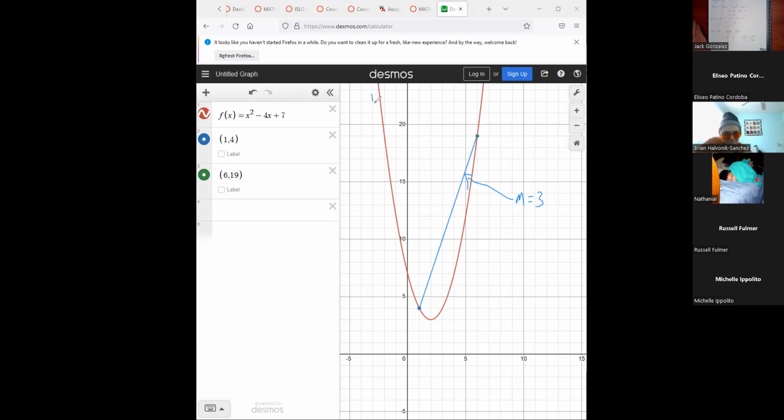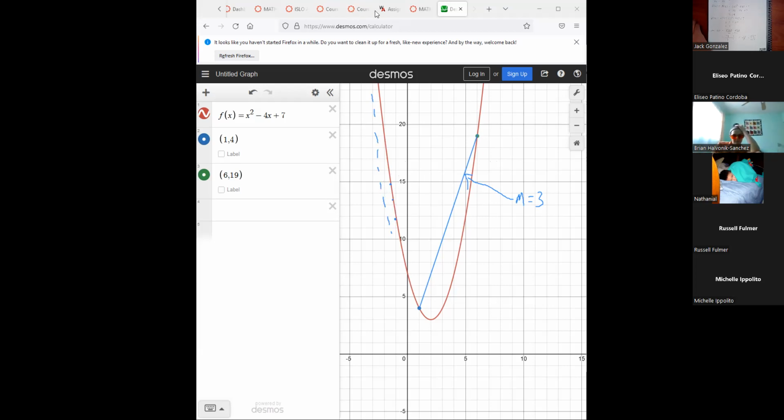This becomes really important in calculus. When we start using limits, we start to figure out the slopes at any given point, instantaneous rates of change. Or if the function represents velocity or something, these slopes would be acceleration.